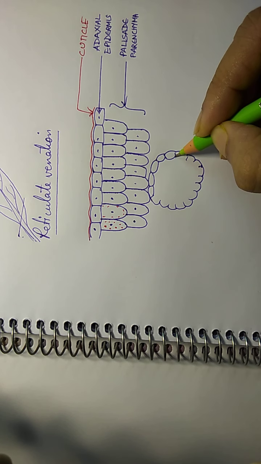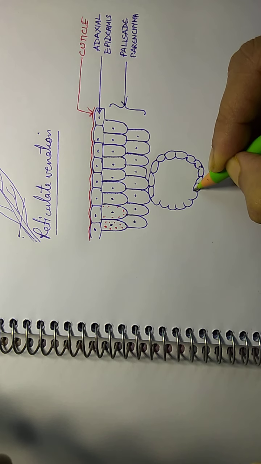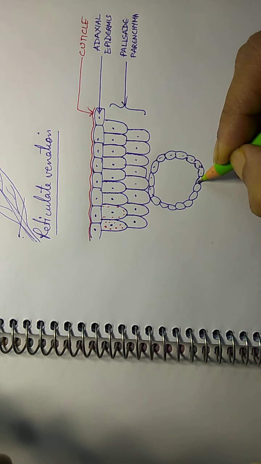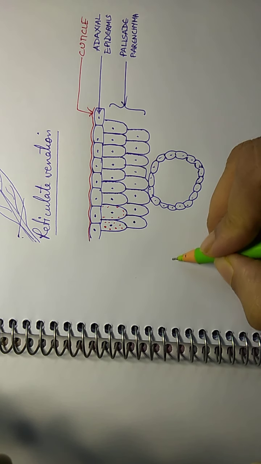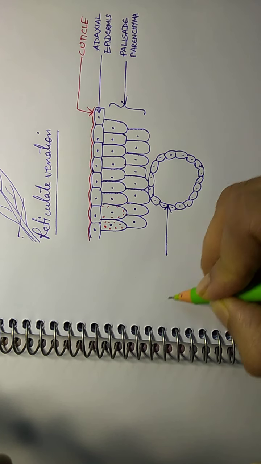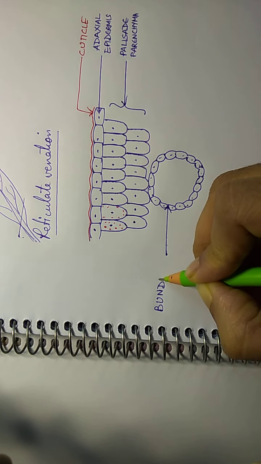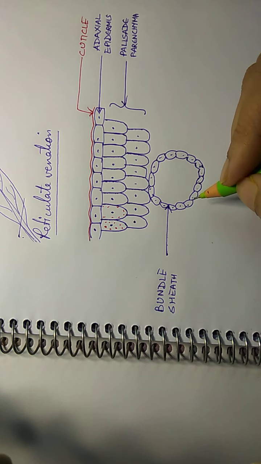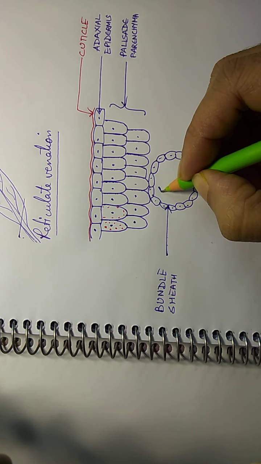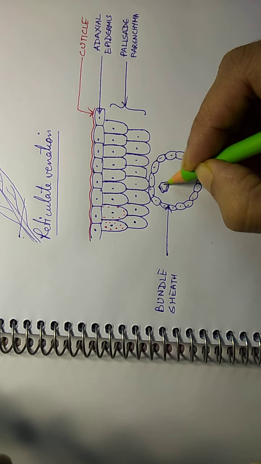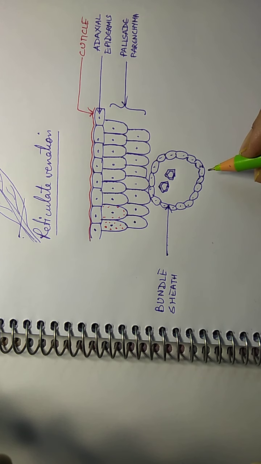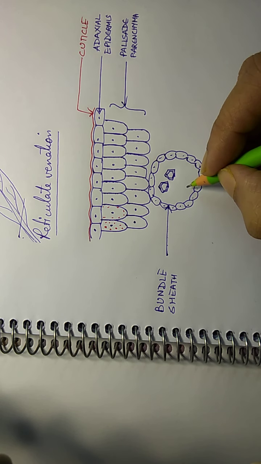Inside lies the xylem tissue, made up of vessels and tracheids, all that you have studied, and the phloem cells.